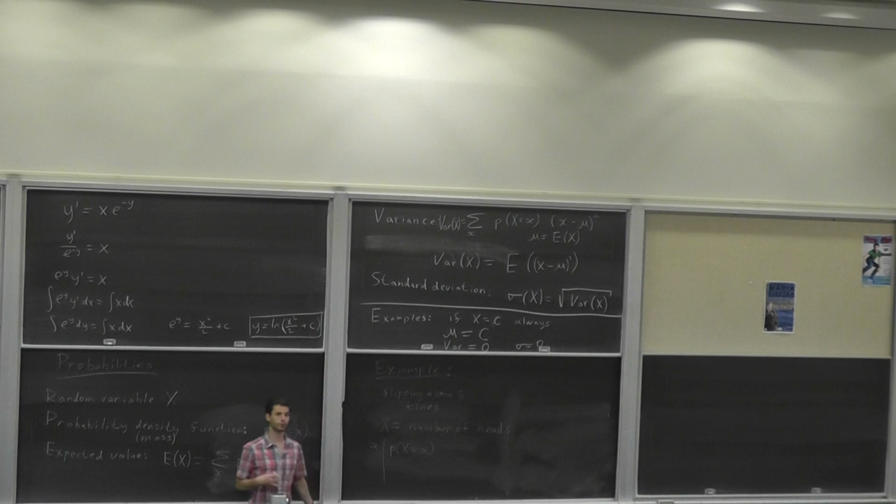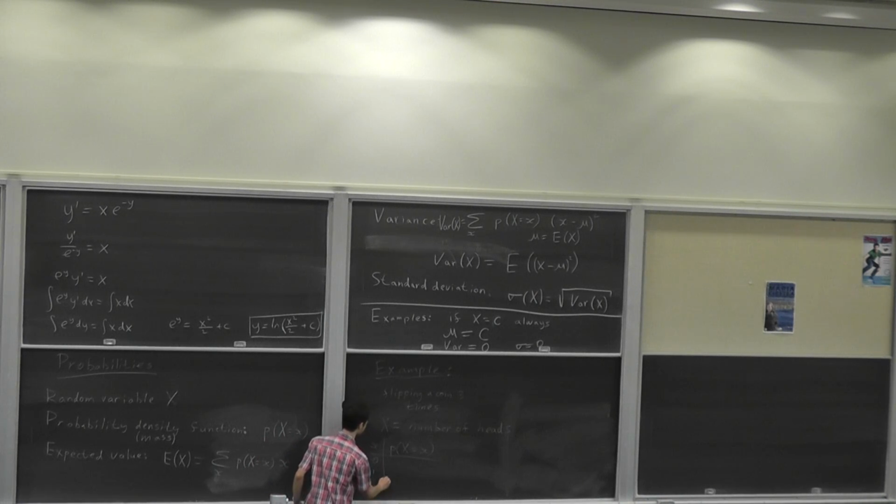Let's compute the probability distribution, the probability density function. The possible numbers of heads are 0, 1, 2, 3. If I have 3 coins, I can observe from 0 to 3 heads.